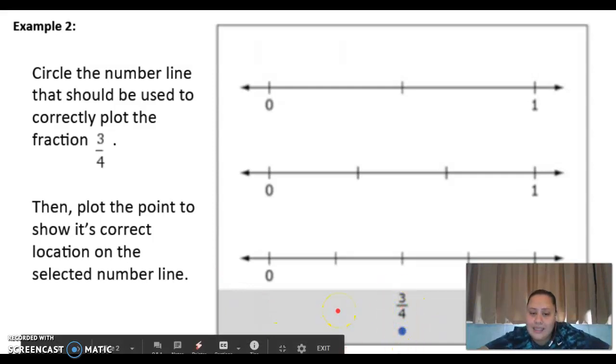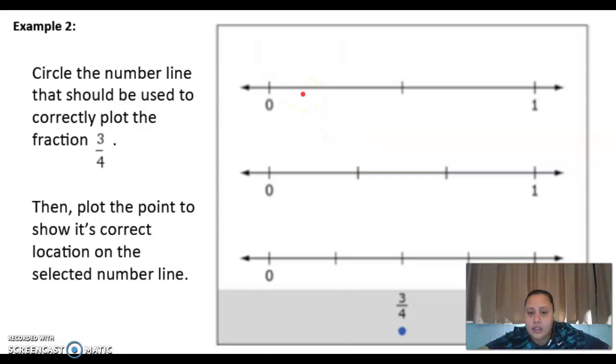Well, first, before we decide to plot it, we need to figure out which number line we are using. So we have to look at each number line, and we don't need to rush. This first number line has how many parts? Well, if we start at 0, 1, 2. So this is a halves number line. There's only 2 parts to this whole.